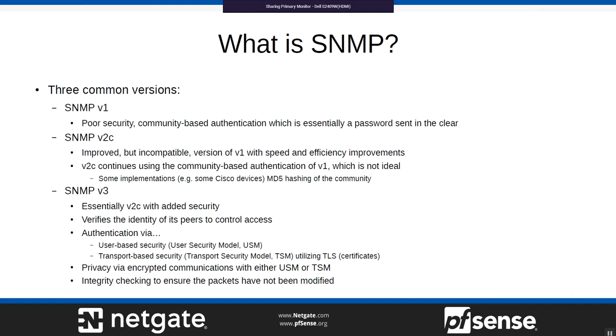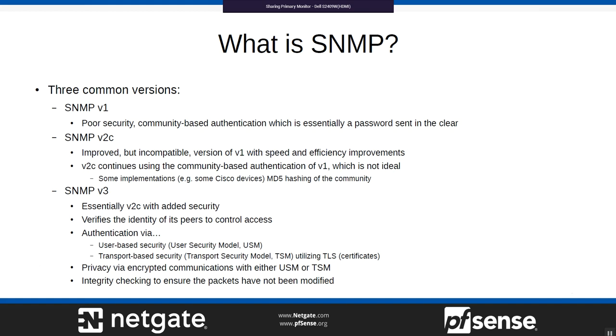But then along comes SNMP v3, which builds upon v2c and adds security onto it. It verifies the identity of its peers to control access. So you can do authentication by user-based security, like the User Security Model or USM. There's transport-based security, which is TSM, or Transport Security Model, and TSM uses TLS or certificates. It can do privacy via encrypted communications.